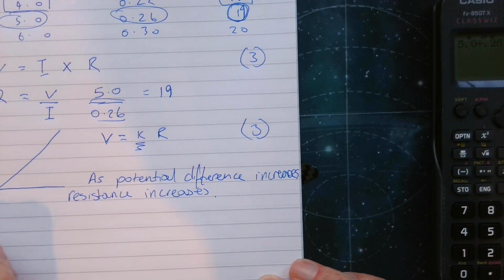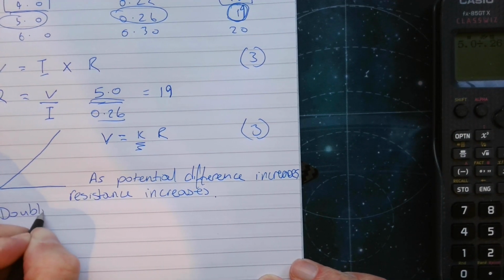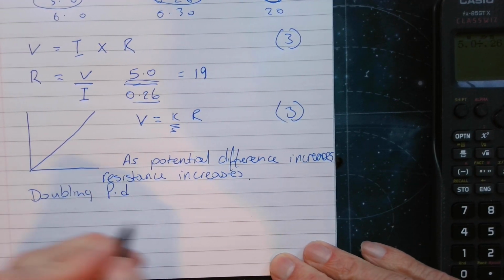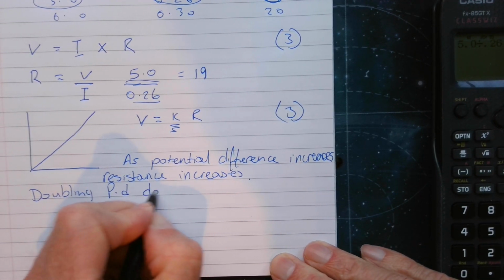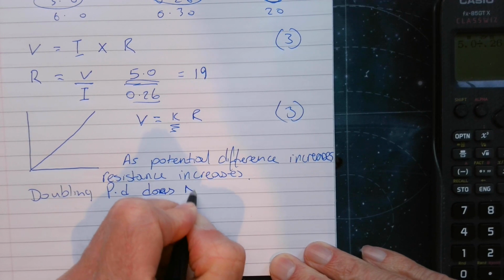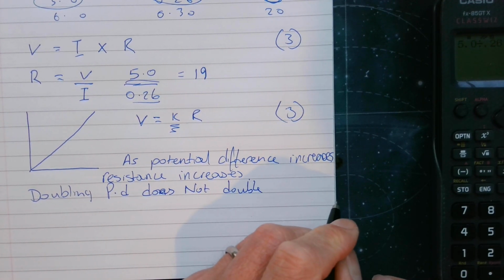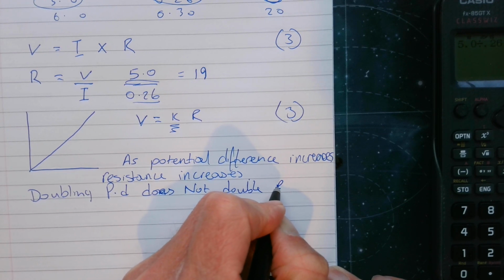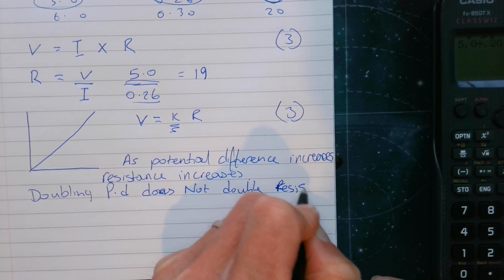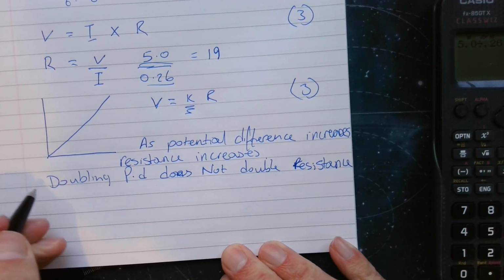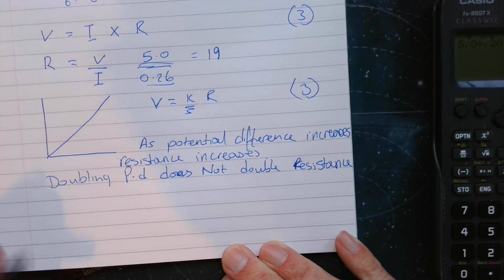So doubling, I'm just going to simplify to PD here. Doubling PD does not double resistance. Sorry, English teachers look away, going between capitals and lowercase, apologies. So doubling PD does not double resistance.